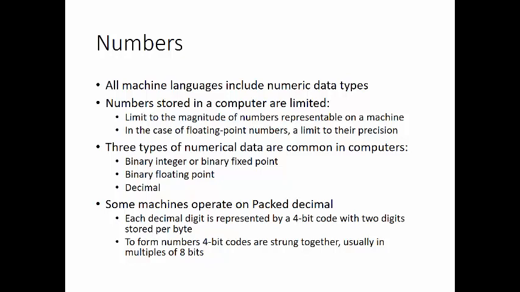Three types of numeric data are common in computers: binary integer or binary fixed point, binary floating point, and decimal. And some machines operate on something called packed decimal, where each decimal digit is represented by a 4-bit code with 2 digits stored per byte. To form numbers, 4-bit codes are strung together, usually in multiples of 8 bits, although there are some tricks to make it more optimal.